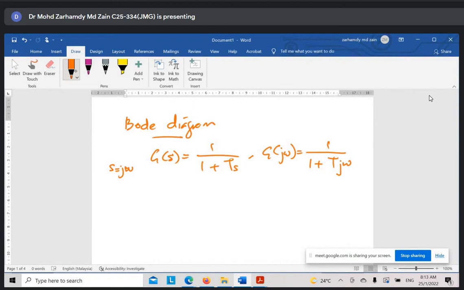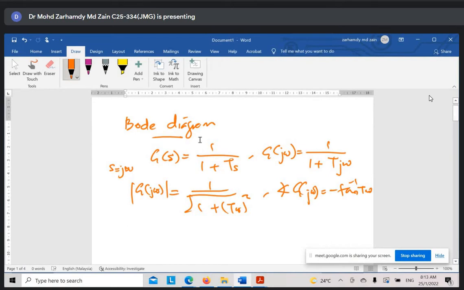And then for the gain, I know you are good students, then you will get this T omega, right? Okay, so if we have phase, you will get T omega. This is the standard frequency response.